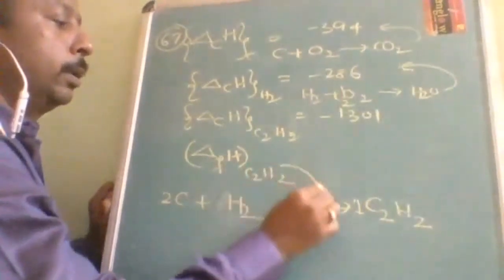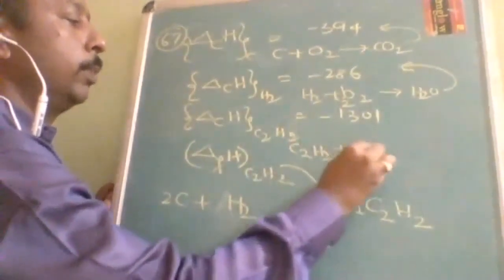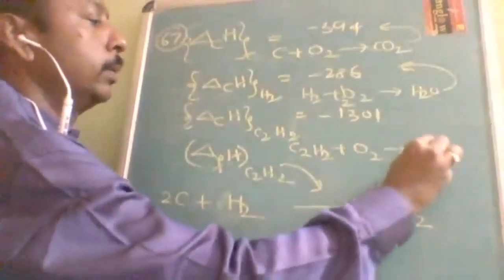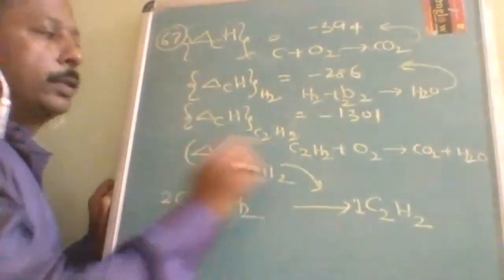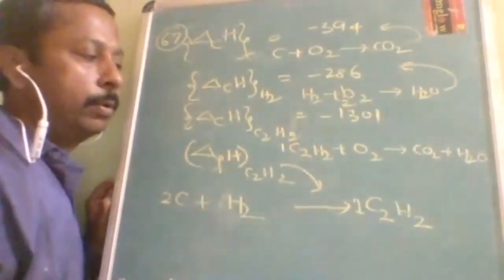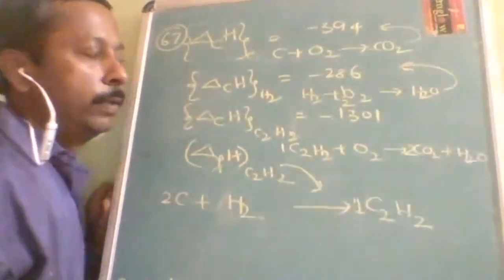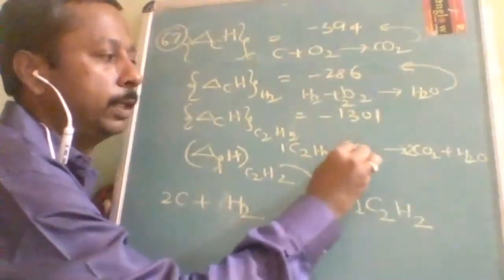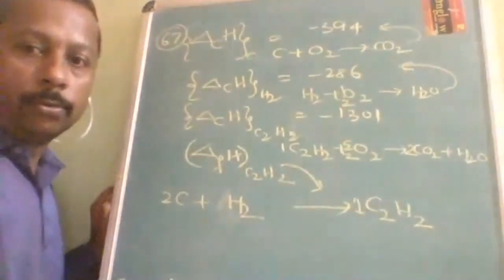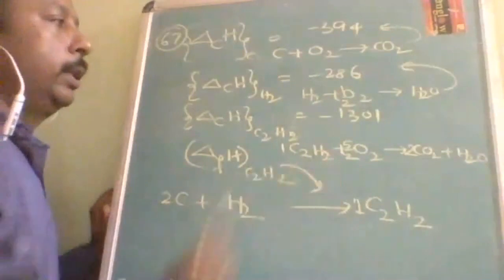And here, this is the equation representation: C2H2 plus O2 gives CO2 plus H2O. Here it is combustion, so this should be 1 mole. And 2 carbons are there, so 2 CO2, 1 hydrogen is there, so 1 H2O. So 2 times 2 is 4 plus 1, 5. That means it will be 5 by 2 O2. Understood? So this is the equation.